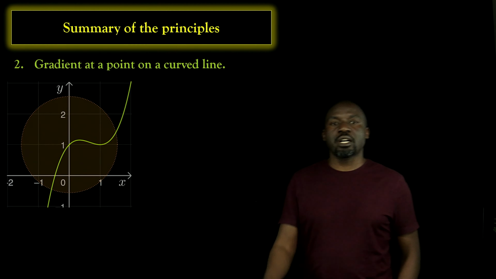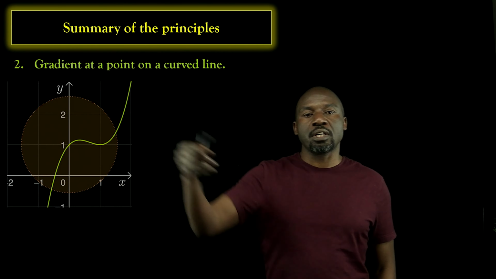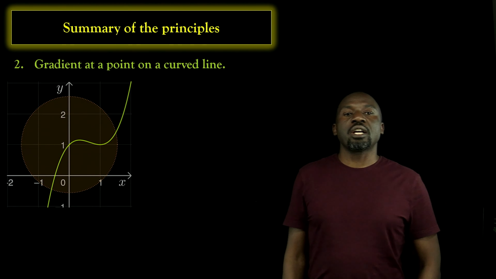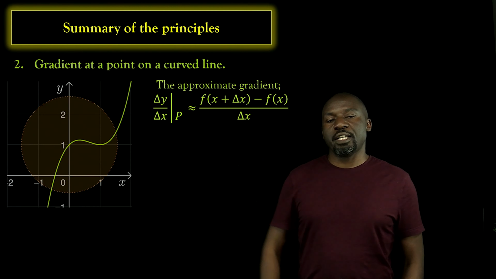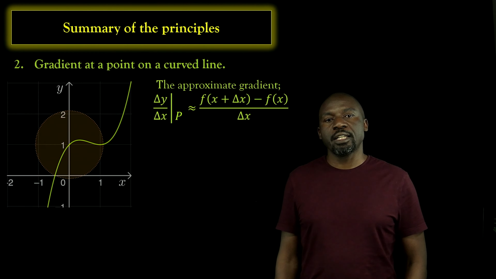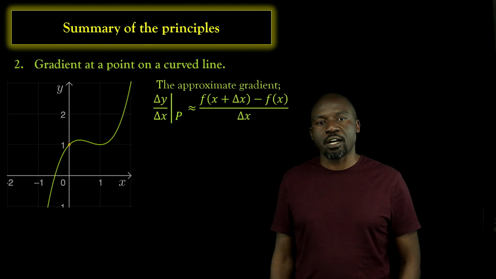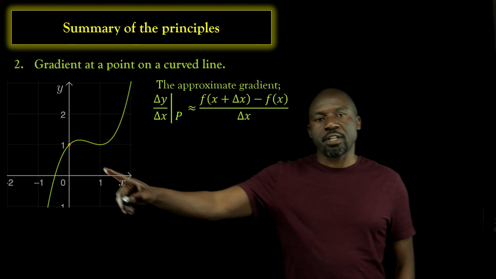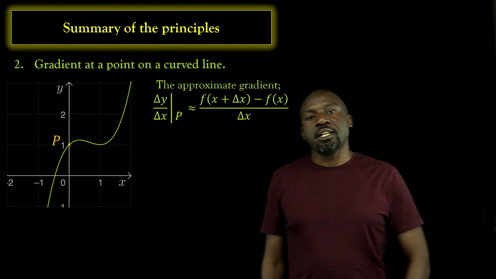So if we were given a curve like this, it is difficult to find the gradient. We can't talk of finding the gradient of the whole line, but we can think of finding the gradient at some point inside the line. So for example, if I zoomed in to a very specific point on that curve, a very small point there, I'm going to call that point P, then it is possible to find the gradient.